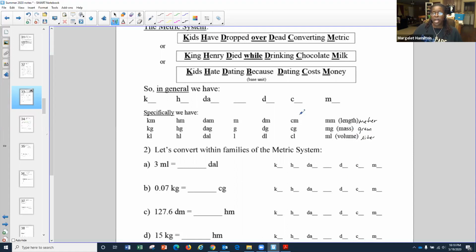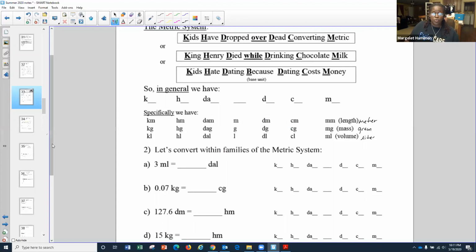Okay? One thing we definitely have to remember is that when you're doing your conversions, you cannot convert from one family to another. So you can't go from meter to gram or from gram to liter. You can only convert within its own family. Okay?